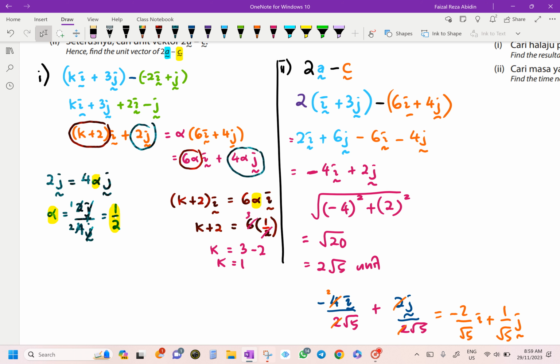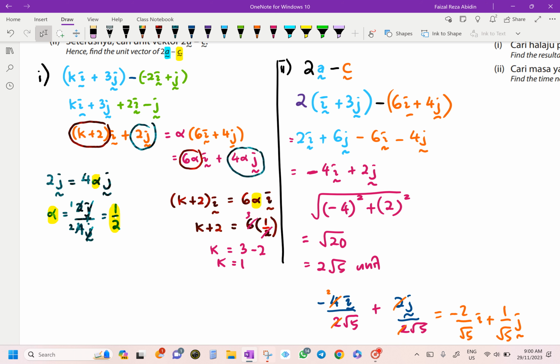Okay, read the question. A boat sails across a river with the velocity, this is velocity, same as before, negative 3i plus 2j meters per second, and the river is flowing at the velocity vector of 3i meters per second.